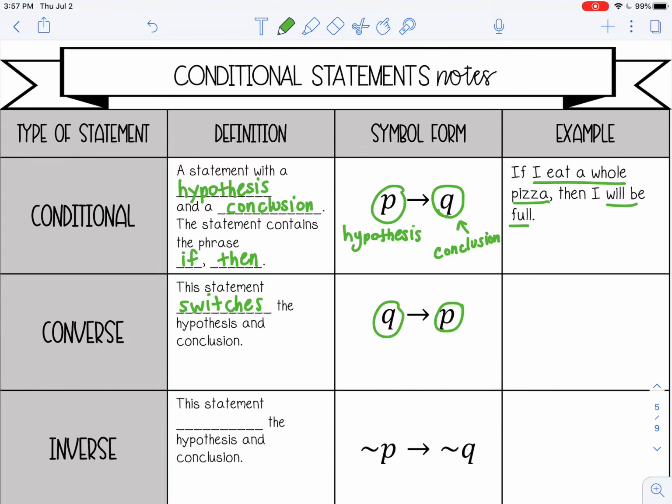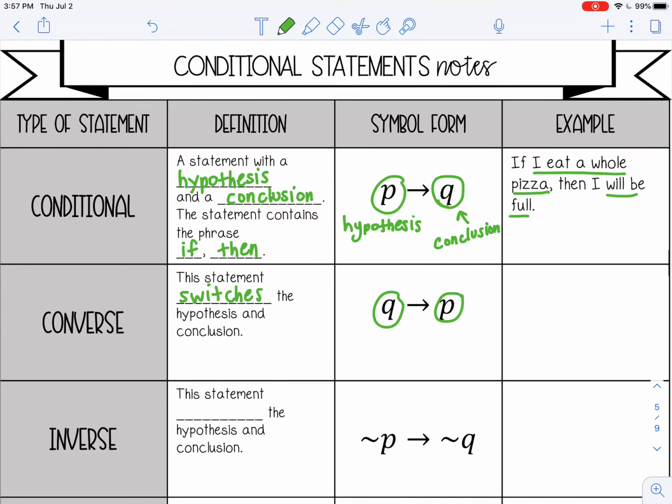So an example would be, if I am full, then I ate a whole pizza. And notice I had to reword it a little bit just so it made sense when I read it out loud. So you don't switch them word for word. You want to make sure that it makes sense when you read it.